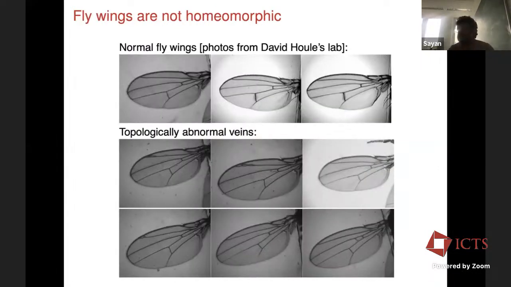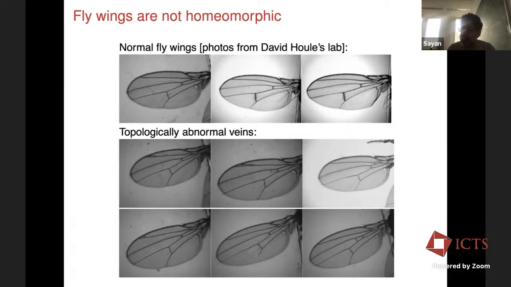Now, the issue with the diffeomorphism-based approach is the following: what happens if your objects are qualitatively different? So these are fruit fly wings, and you have normal ones, and then you have mutants.